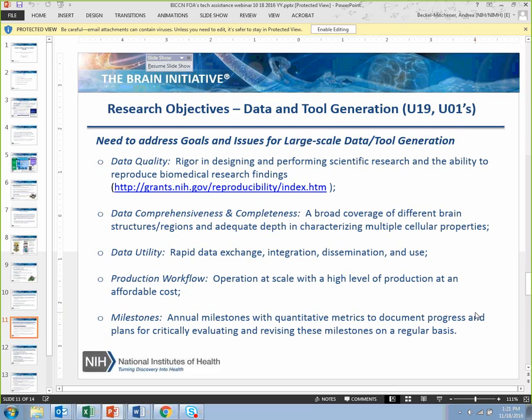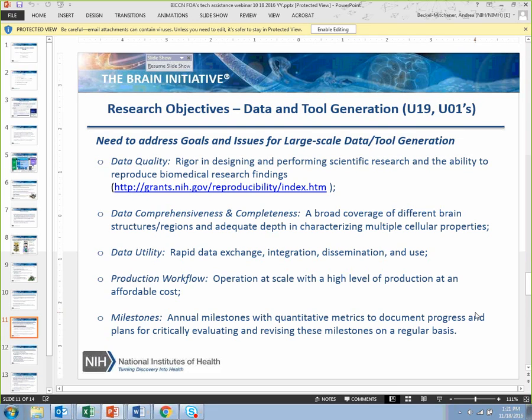Each application also needs to define comprehensiveness and completeness, that is breadth and depth for the proposed project, describing how close to that target the proposed project will get in 5 years.